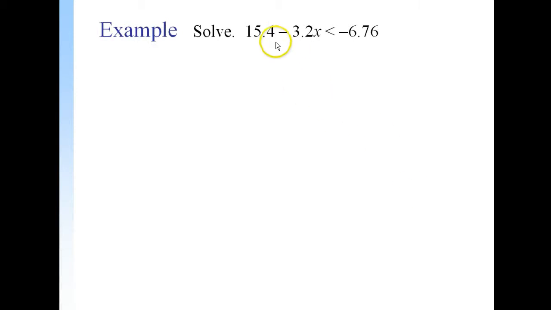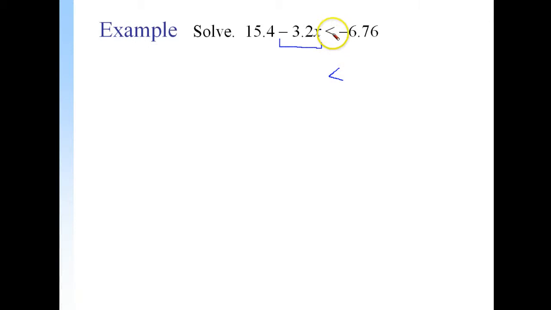Okay, this one deals with fractions. Now, by the way, there is a workaround for not having to reverse the sign of the inequality. And that workaround is take the negative term and move it to the other side.